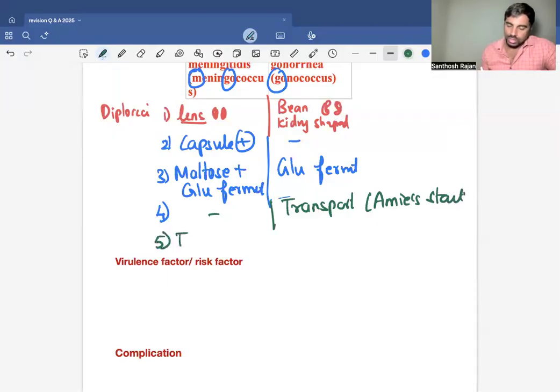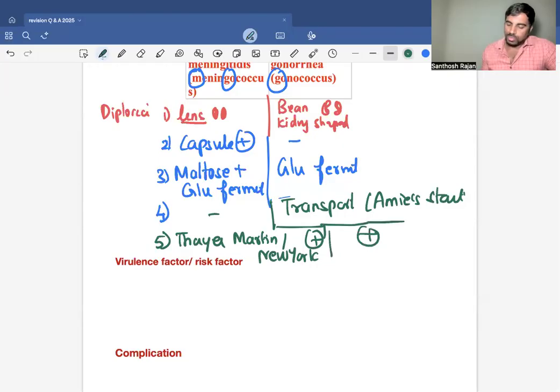What are they? Thayer-Martin and New York. In both cases, we are using them. But transport media is only for the gonococcus. That's the main thing. Now, virulence factor: capsule for Neisseria meningitidis.